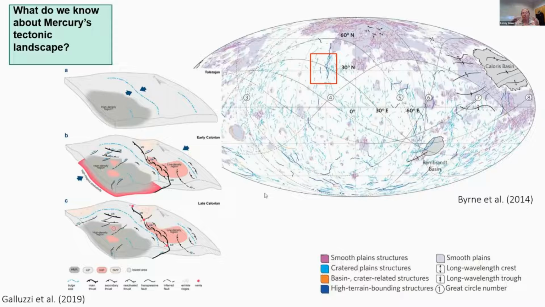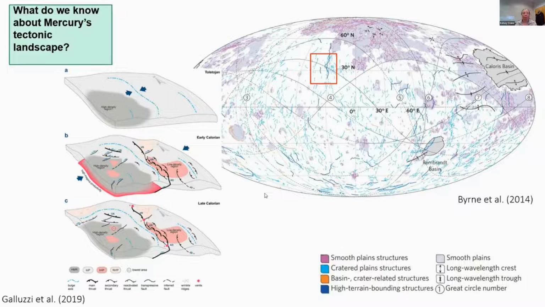A fault, as it comes down, it loves to root into boundary zones, places where you have rheological boundaries or stratigraphic boundaries, where you have high and low strength contrasts in rock. So if you work on Earth and you think about a décollement, you might think about a décollement that roots into a schist or a salt-rich layer, something that's weak in contrast to the layers around it.